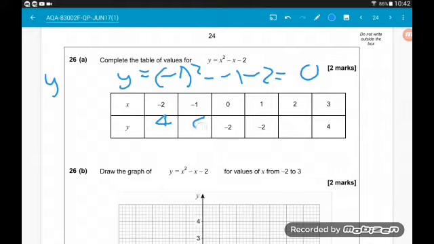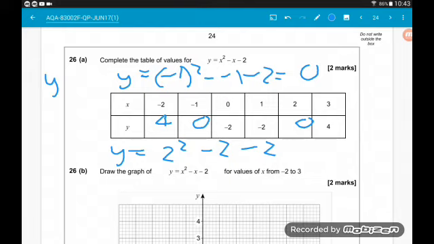So, that's our next missing value. And then finally, we want y when x is positive 2. So, y is 2 squared minus 2 minus 2. So, 2 squared is 4, minus 2 is 2, minus another 2 then is 0. So, there are our missing values.